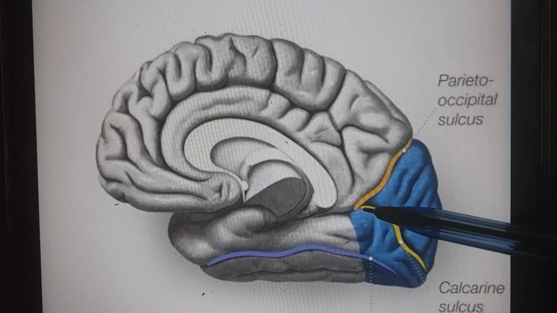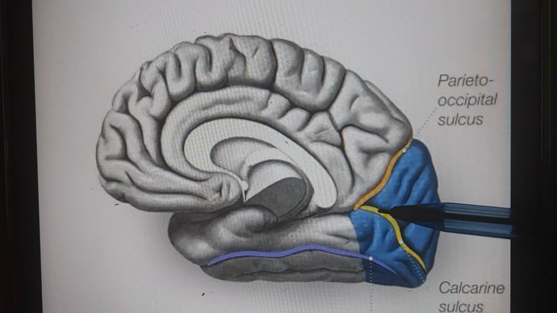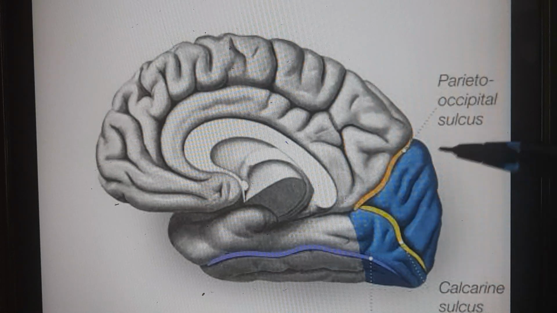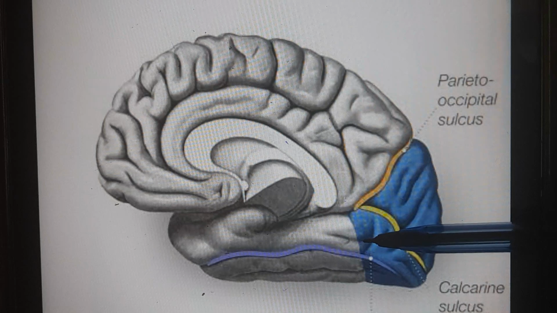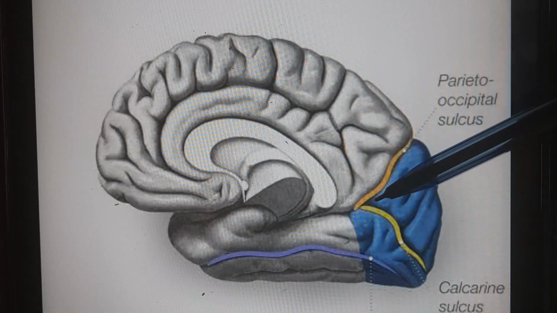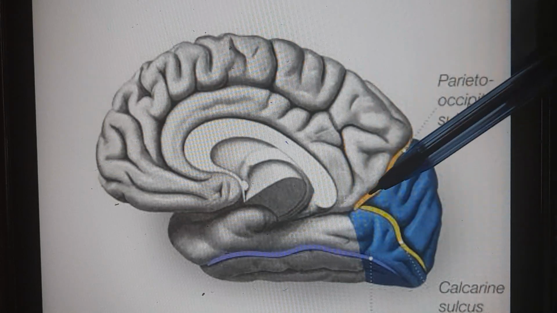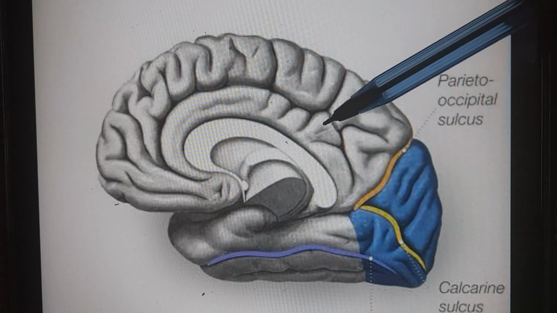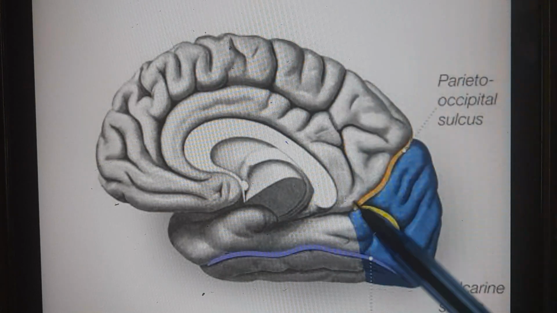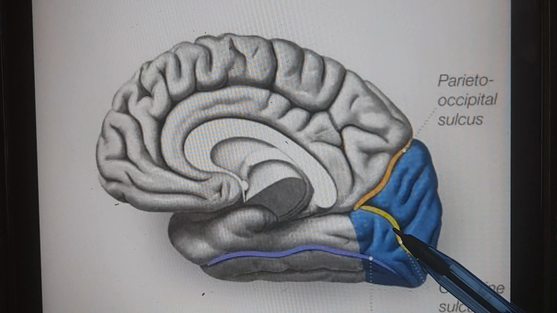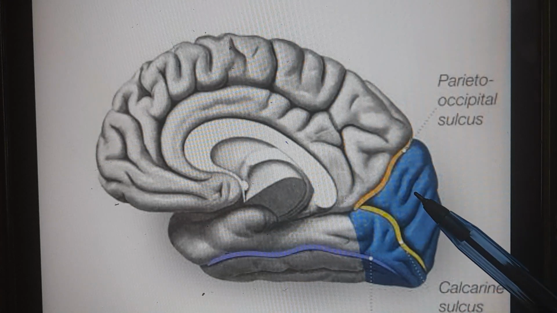Now there is another sulcus as well, known as the calcarine sulcus, which separates your occipital lobe from the temporal lobe. So your occipital lobe is segregated superiorly by the parieto-occipital sulcus and inferiorly by the calcarine sulcus, between the occipital lobe and the temporal lobe.